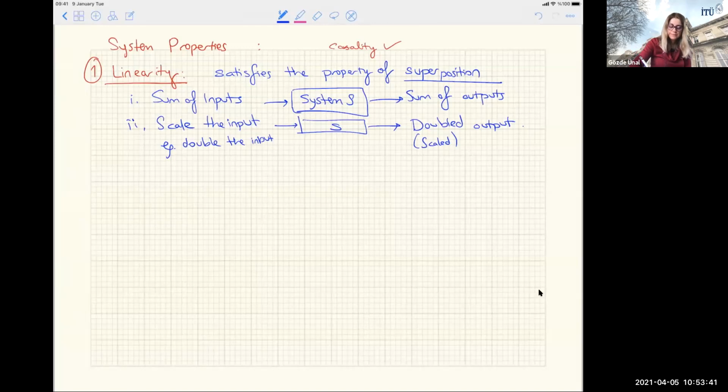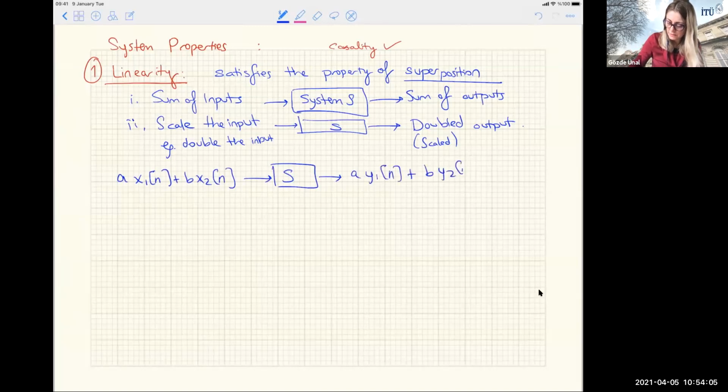So this is more formally written in this way. a times x1 of n plus b times x2 of n goes into the system. I get a y1 of n plus b y2 of n. This is equivalent to taking x1, scaling it by a.